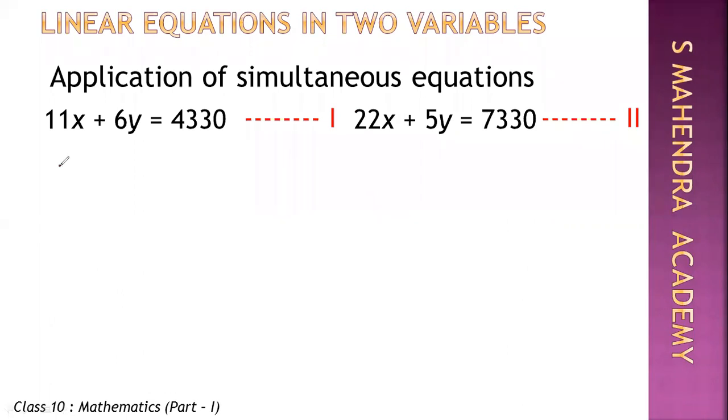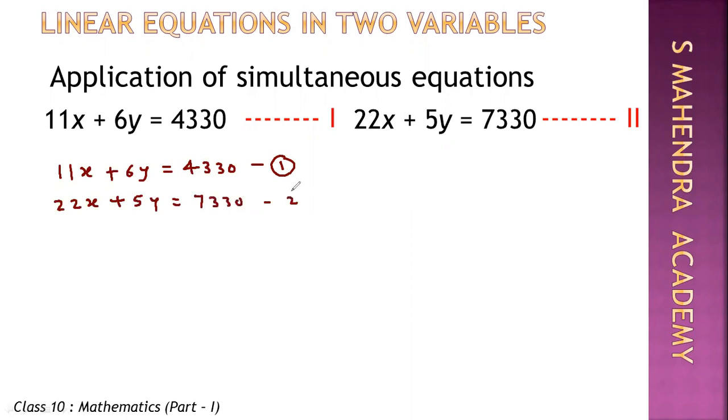So here 11x plus 6y is equal to 4330, equation number 1, and 22x plus 5y is equal to 7330, equation number 2.